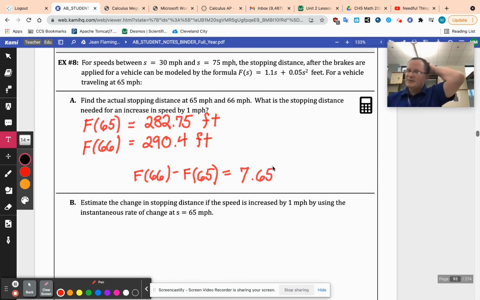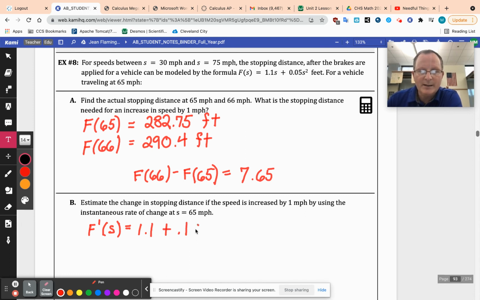Okay, so then, all right, so now let's break into some calculus then. So it says, estimate the change in the stopping distance if the speed is increased by 1 mile per hour by using the instantaneous rate of change at 65. Okay, so in other words, we want to find f prime of 65 and see how that compares to this. All right, well, f prime of s, s is our variable, is going to be 1.1, all right, plus power rule 0.1 s.